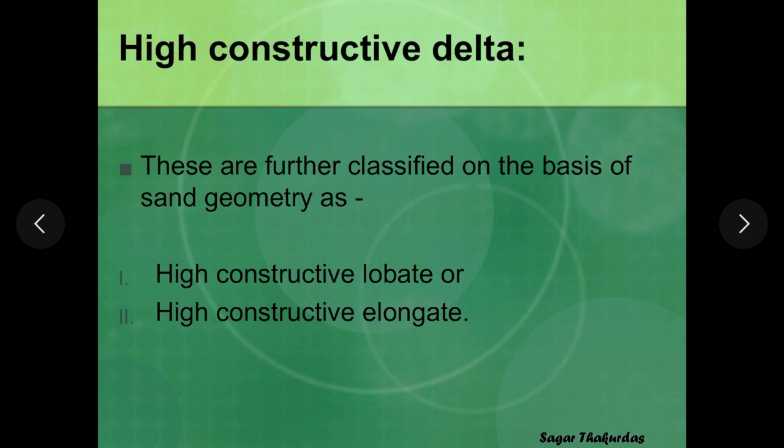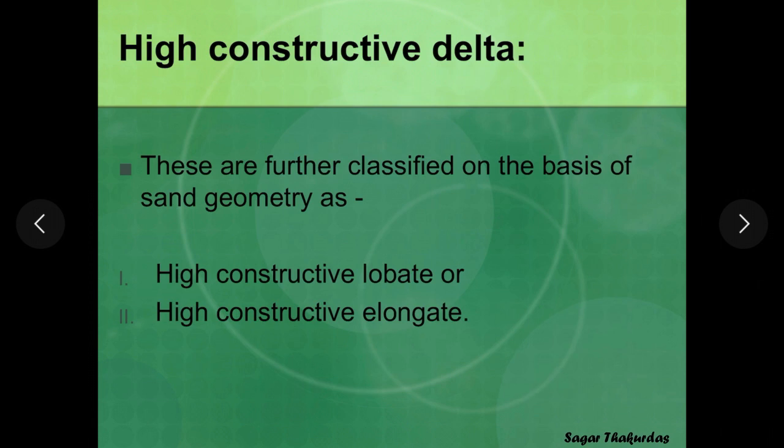So the carrying capacity of the river is high, and sediment deposition is very high in these kinds of deltas, and the ratio of bed load to suspended load is low. A low ratio of bed load to suspended load means more sediment is in suspension than in bed load.